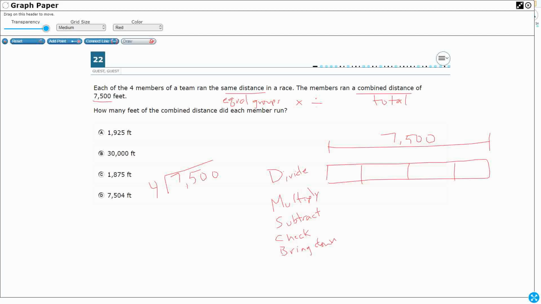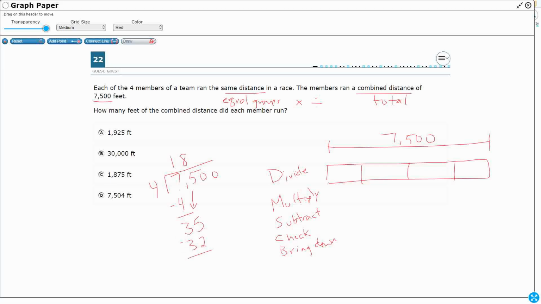A little tricky here because this 4 is going to go into this first digit right there. Sometimes it just goes into the first 2 digits. 4 goes into 7 once. And that's 1 times 4 is 4. Subtract is 3. We just bring down 1 digit at a time. 4 goes into 35 8 times. And this is where we need to know our facts, right?